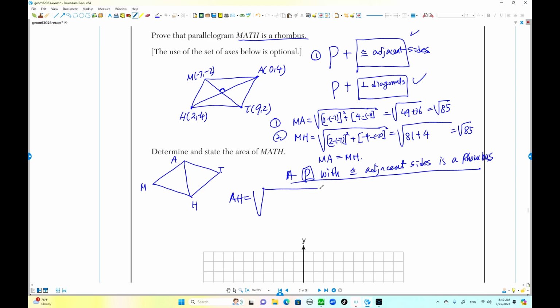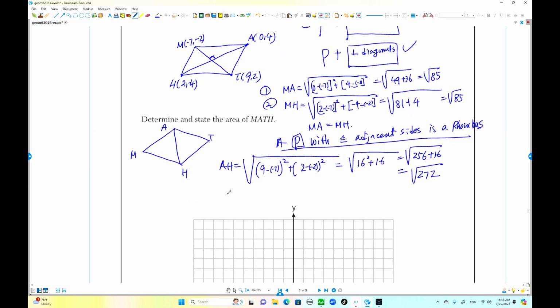You use the distance formula again: 9 minus -7 squared, plus 2 minus -2 squared. That is 16 squared, 256, plus 4 squared, 16, which equals the square root of 272. You have to use a calculator.